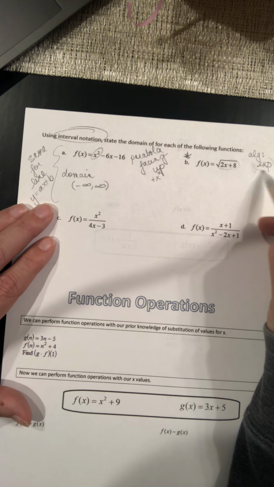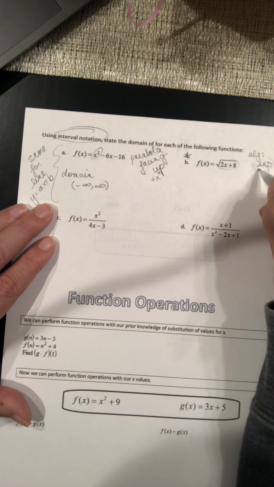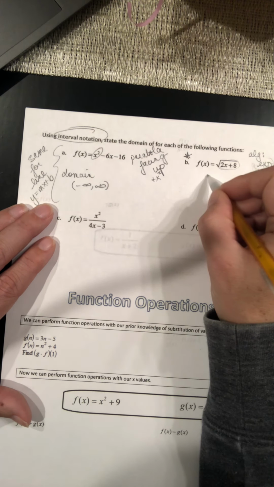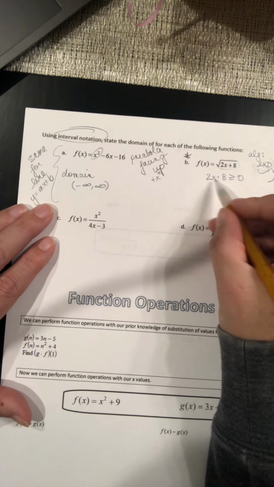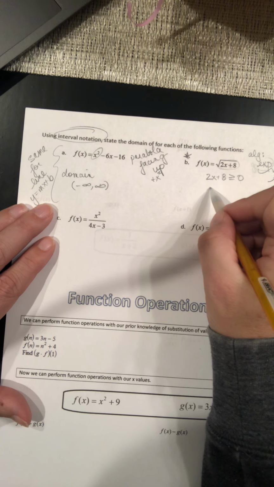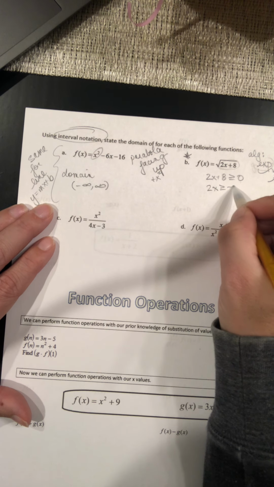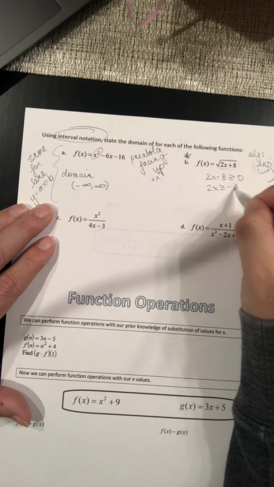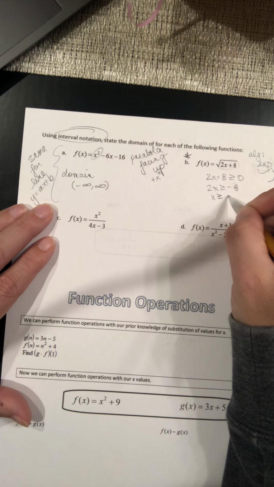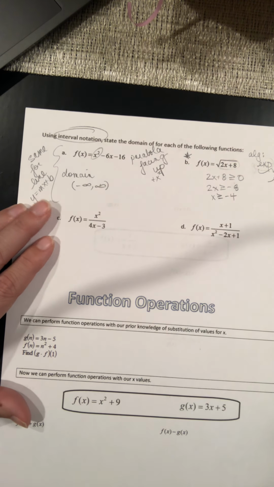This expression underneath should never be negative. So no negatives. If I do this guy and make it greater than or equal to 0, I just solve, right? So this is 2x greater than or equal to negative 8. I'm doing the math in my head already. And then x should be greater than or equal to negative 4, okay?